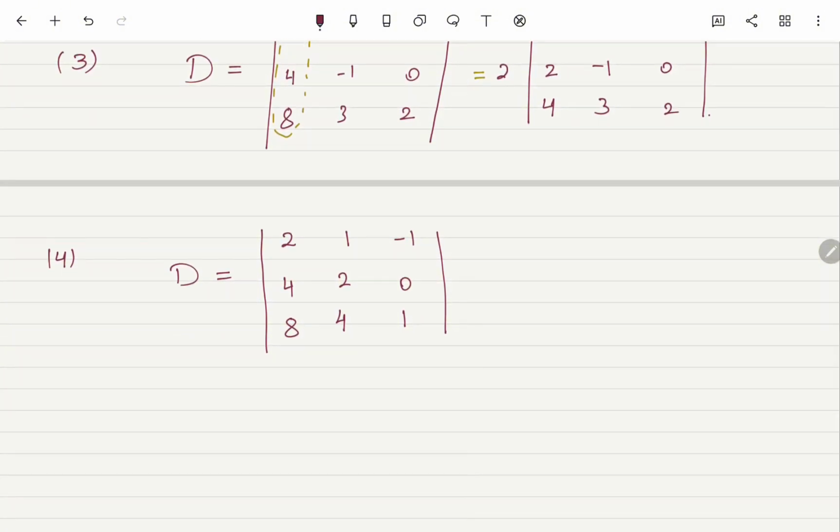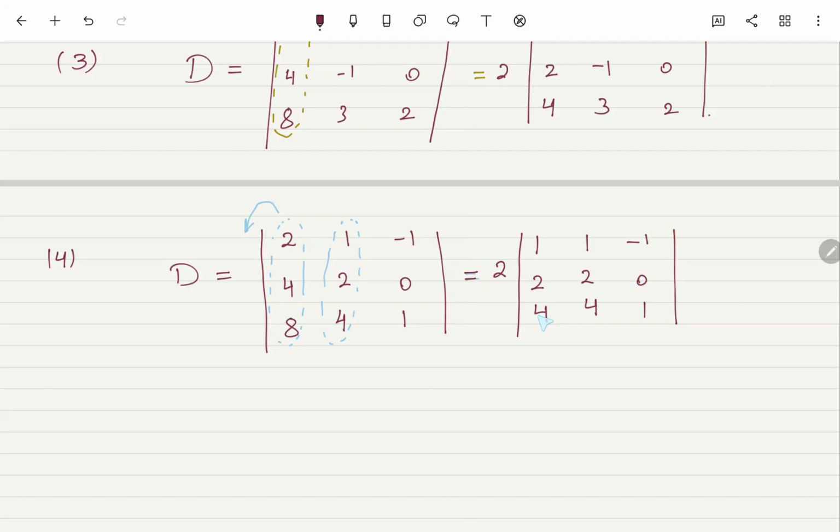So if we look at this determinant here, we can tell that column number 1 is actually proportional to column number 2. Now if we take 2 out of the determinant, it will be equal to 2 times 1, 2, 4, 1, 2, 4, minus 1, 0, 1.